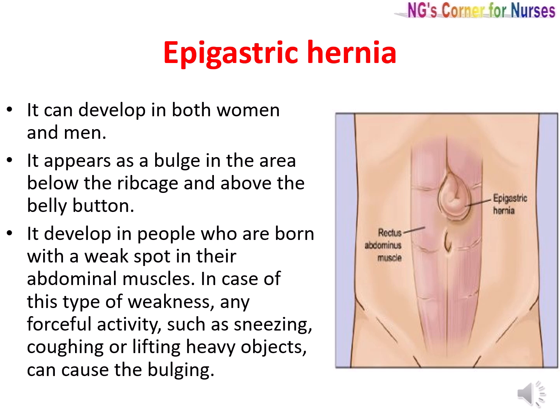It can develop in both women and men. It generally develops in people who are born with a weak spot in their abdominal muscles. In case of this type of weakness, any forceful activity such as sneezing, coughing or lifting heavy objects can cause the bulging.